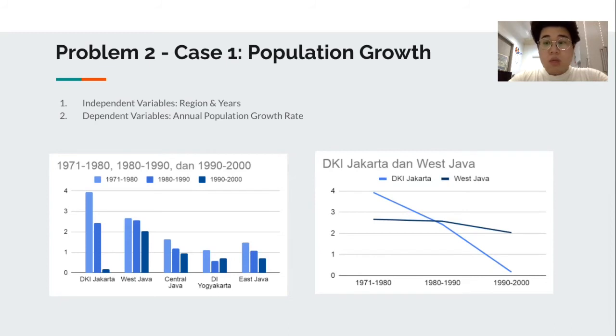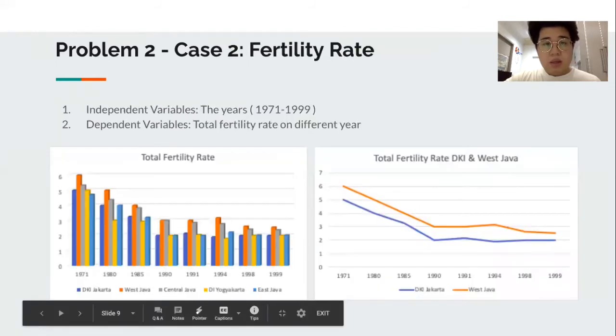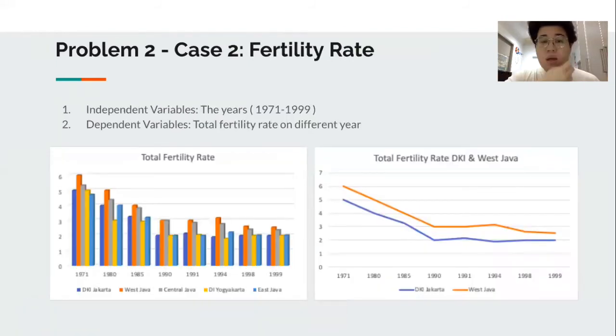As we know also, Jakarta doesn't have that much land area compared to the number of population living in the area. So the government at that time might have taken serious action in order to reduce the birth rate so that Jakarta won't be overpopulated.